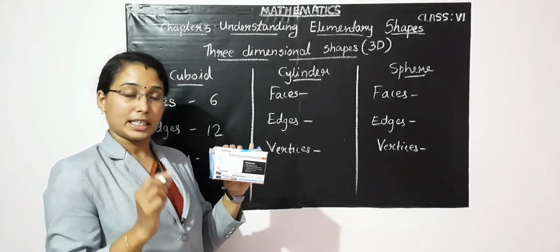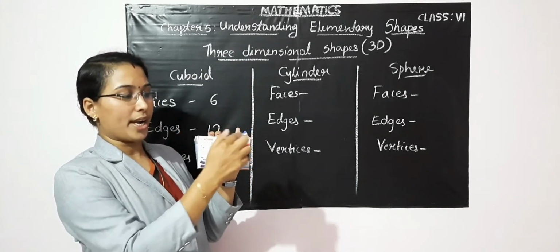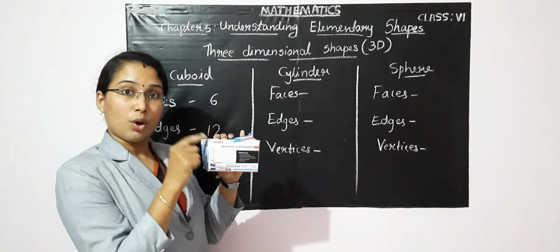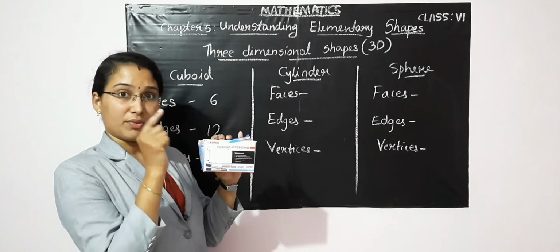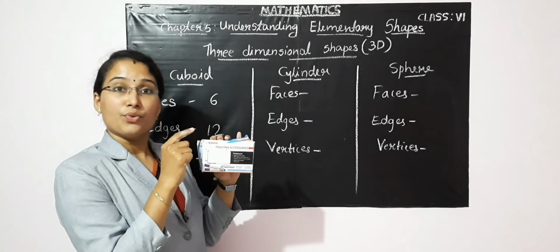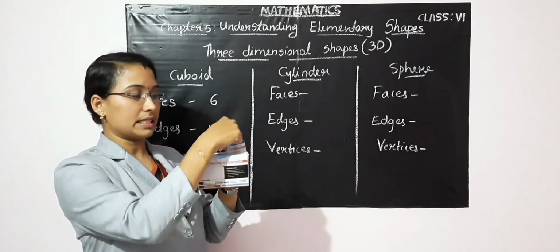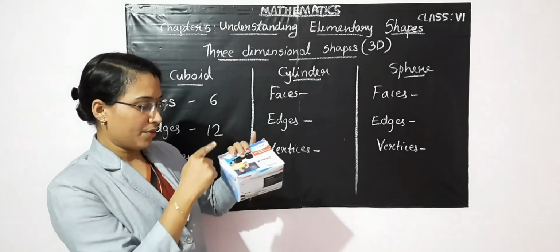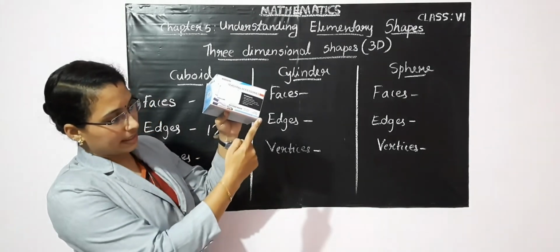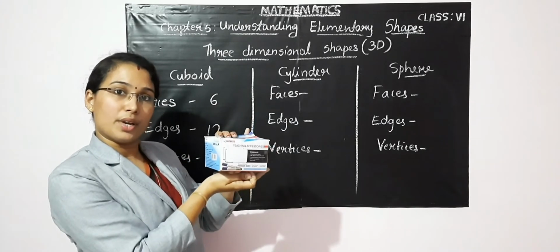Next we are discussing vertices. One vertex means when 3 edges are joined, we get one corner, one point. Sorry, one vertex. Then they are called the vertices of this cuboid. So how many vertices can you see here? 1, 2, 3, 4, 5, 6, 7, 8. 4 in up and 4 in down.